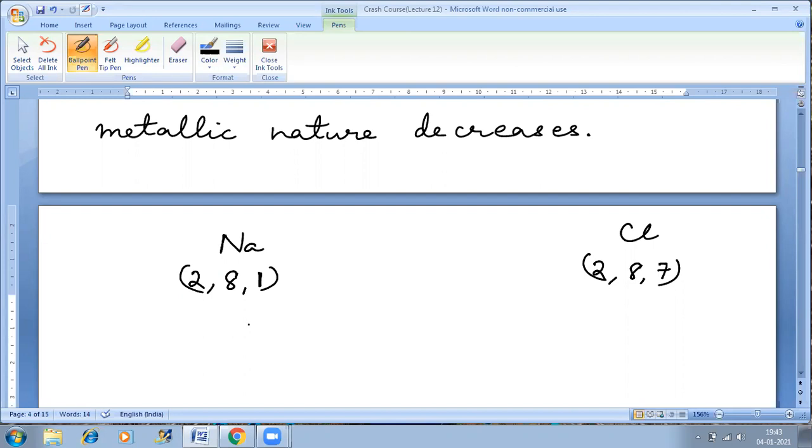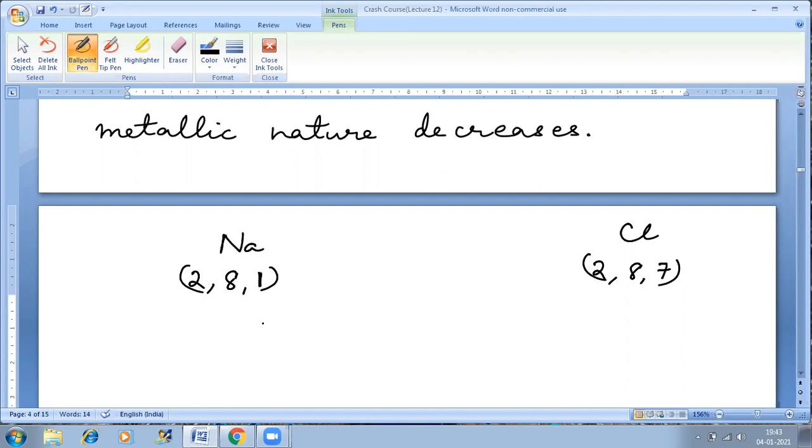If we have one or two or three valence electrons, then it is very easy for the element to lose electrons. But if an element has six, seven, eight valence electrons, then it cannot lose electrons easily. And so we say that any element lying towards the right hand side will be like a non-metal because it has more valence electrons.